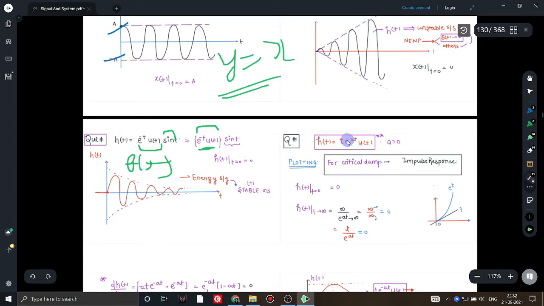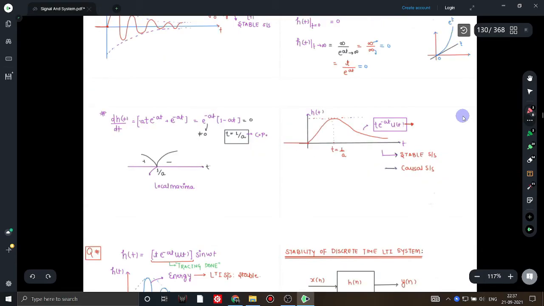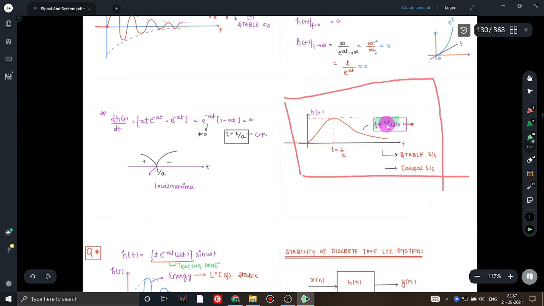Now this is given. Our function here is t multiplied by e power minus at and u(t). We have to remember that the graph of t e power minus at u(t) looks like this.